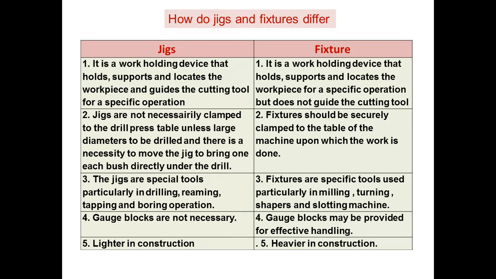Jigs are special tools particularly for drilling, reaming, tapping and boring. So mainly all hole making operations use a jig, while fixtures are for milling, turning, shaping, slotting, and sometimes even for assembly. Gauge blocks are not required in a jig. Gauge blocks are required in a fixture for effective handling. Generally jigs are lighter in construction and fixtures are heavier in construction.